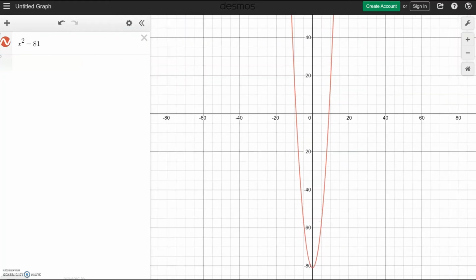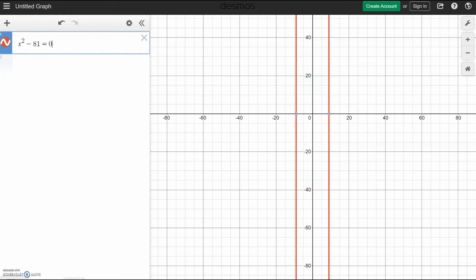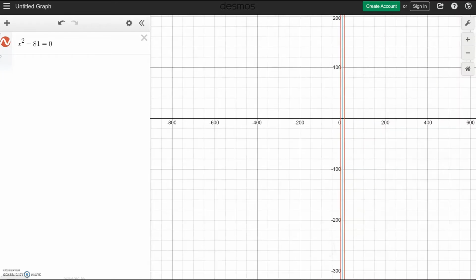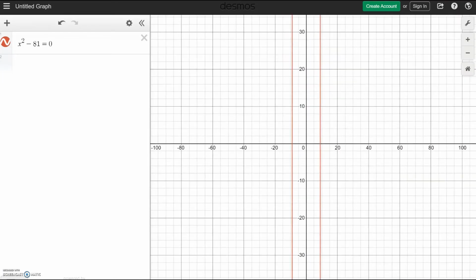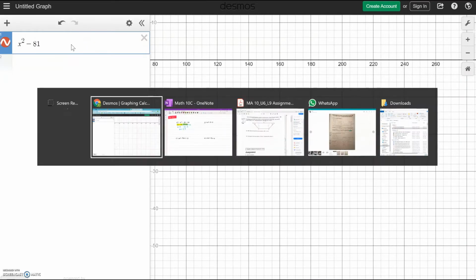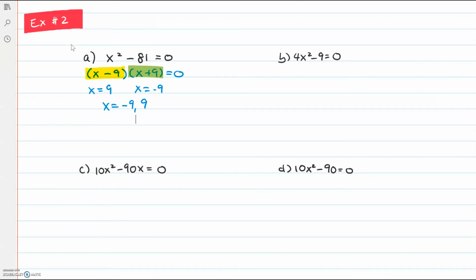Those are the two possible values of x if x squared minus 81 equals 0. So when you put in a 0, it just gives us the straight value of x. Without putting in a 0, it gives us a graphing parabola. But you don't know that it is 0 on the other hand. You can assume that. And I'll try an example with that in a second here, okay?